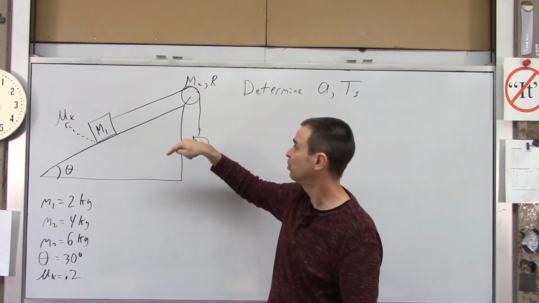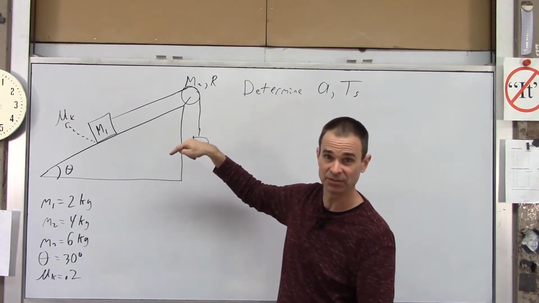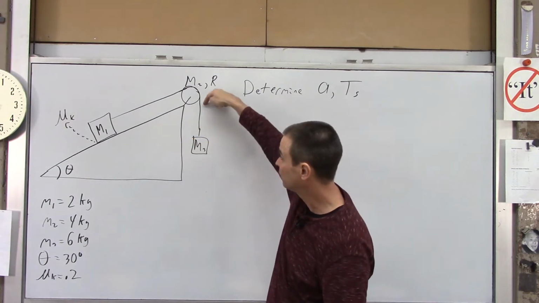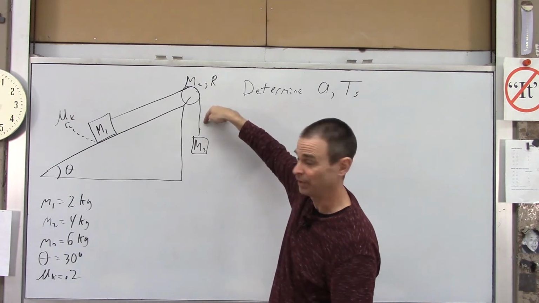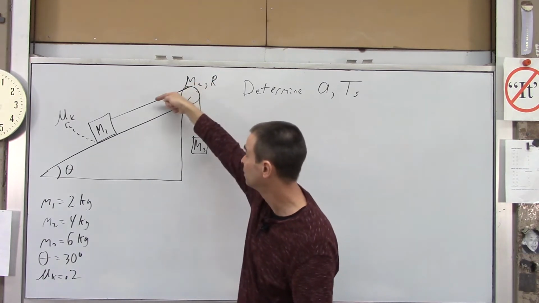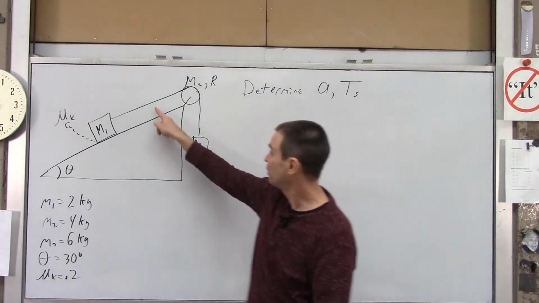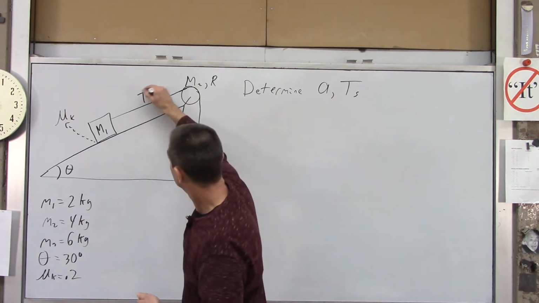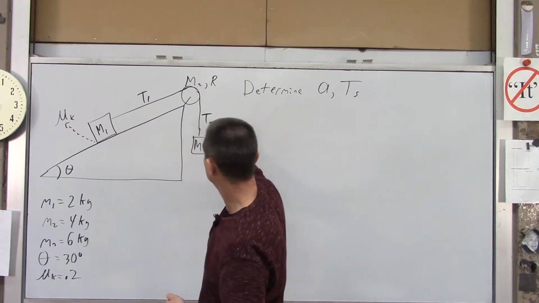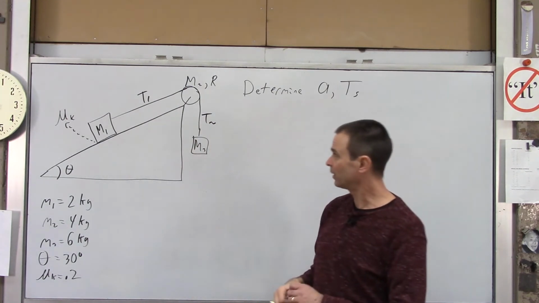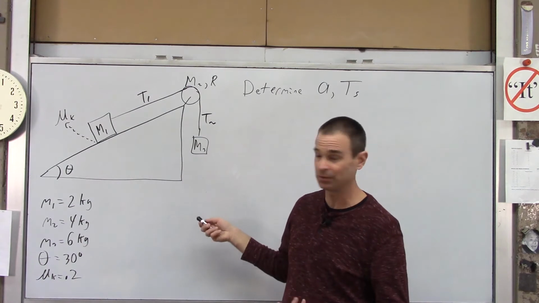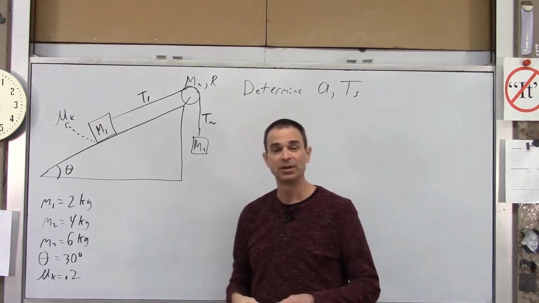In order for this pulley to have an angular acceleration clockwise, the tension in this string pulling this way on the pulley has to be more than the tension pulling this way on the pulley. Okay? So I'll call this T1 and I'll call this T2. And we're going to determine those. And I know that if M3 is accelerating down, T2 has got to be bigger than T1.